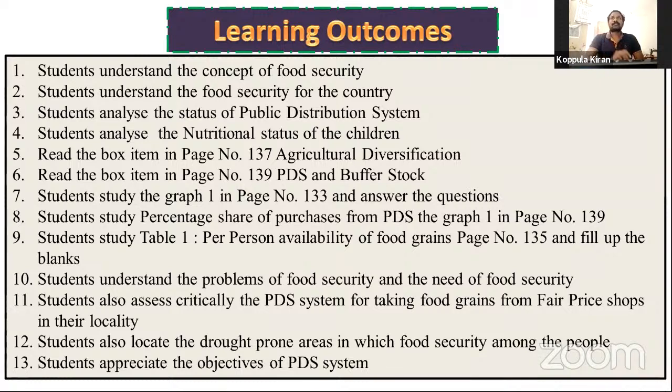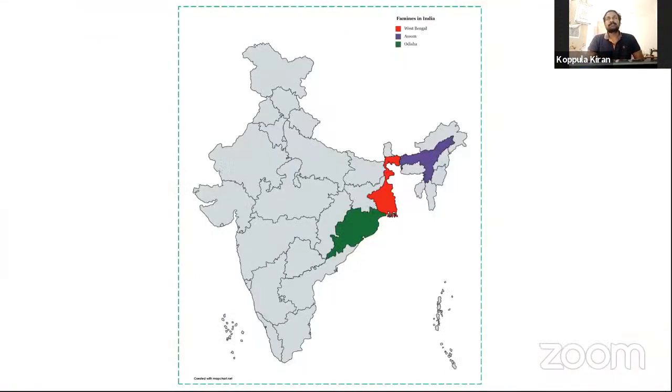Okay, next slide. Look at this picture carefully. All the students, observe what this is. There is an Indian map. See this Indian map. Some states are colored. What are the states? Look at the top right side. Famines in India, particularly before independence, the major famine occurred in India in 1943 and 45.